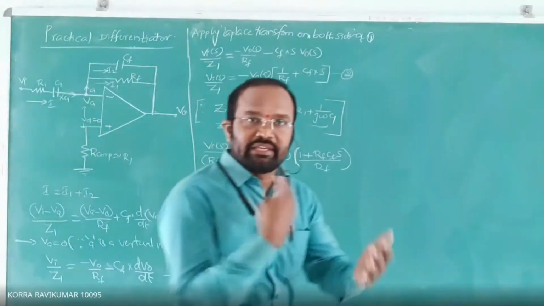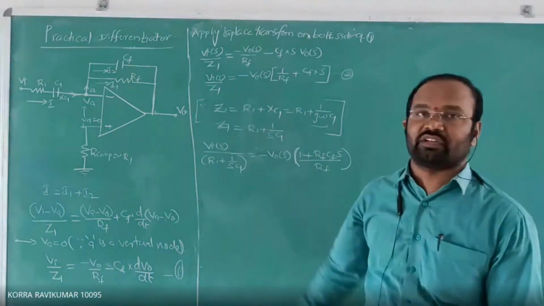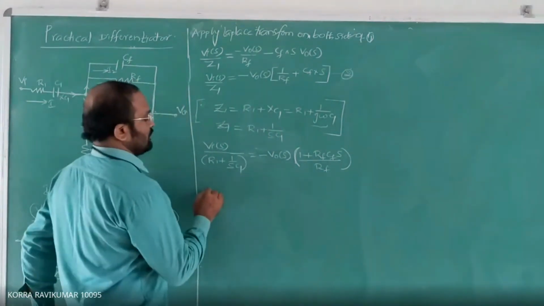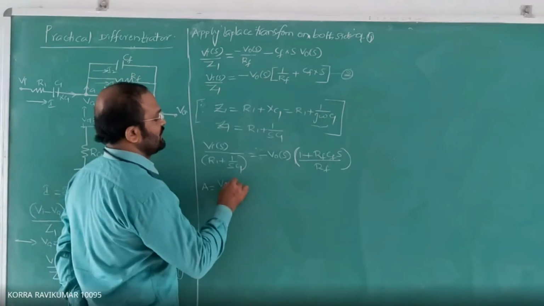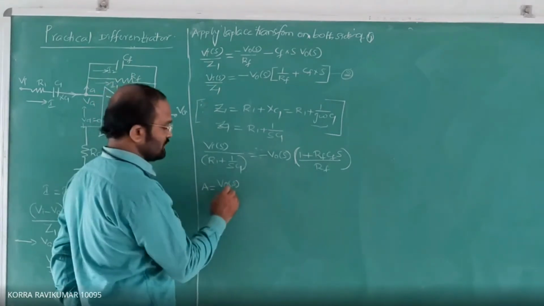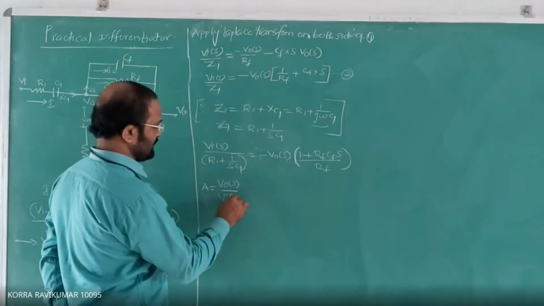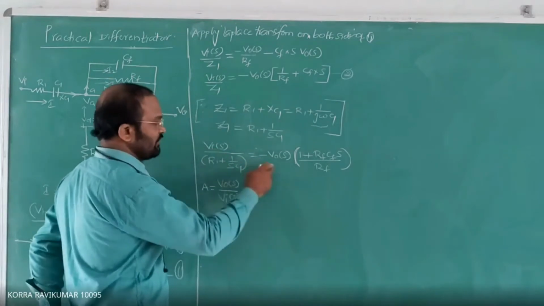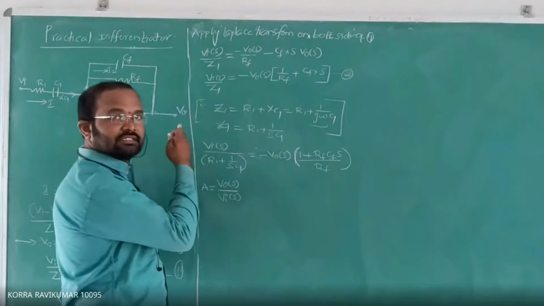I want the gain expression in order to analyze the frequency response of the differentiator circuit. To do that, derive the expression for gain, which is equal to V naught of S divided by Vi of S. So bring it to the RHS side, V naught of S by Vi of S, and send this term to the LHS side.